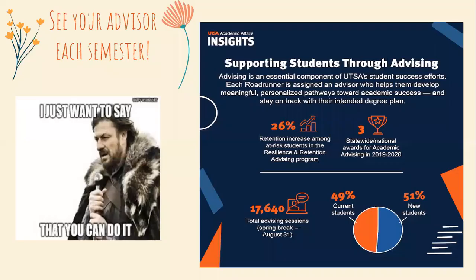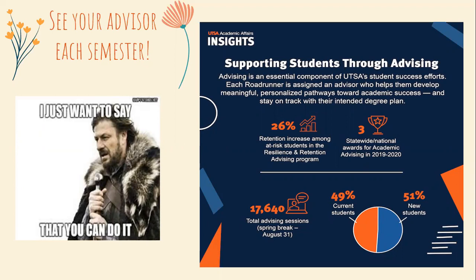Now, if a student is on probation, we strongly recommend that a student sees their advisor each semester. This is a good practice regardless of academic standing, but it is more important for students that are on probation because the advisor wants to support you.